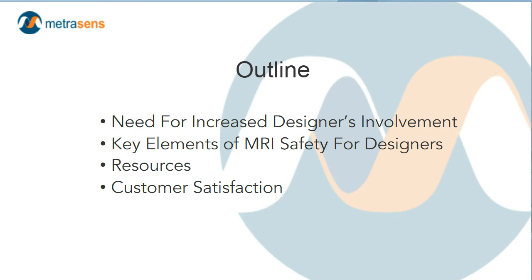Identifying key elements with respect to MRI safety that designers really need to be aware of. We're going to touch on some resources that are available to help planners, designers, engineers, and equipment planners expand your knowledge and expertise in this area.